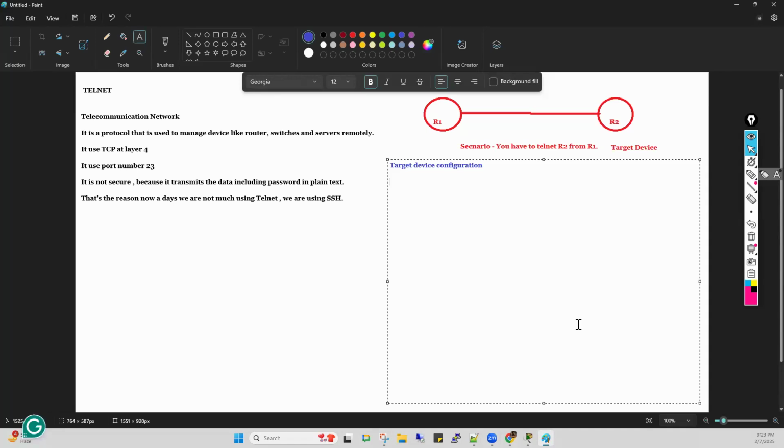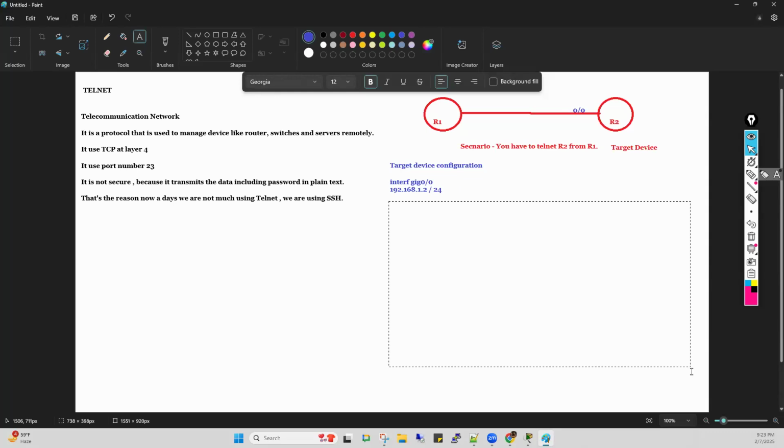For example, this is interface gig 0/0 and you assign any IP address, for example, 192.168.1.2/24. You assign this IP address here, guys. Clear? Anyone who does not understand? This is called 0/0. So on this interface, first of all, you assign the IP address. Clear? No shutdown like this.